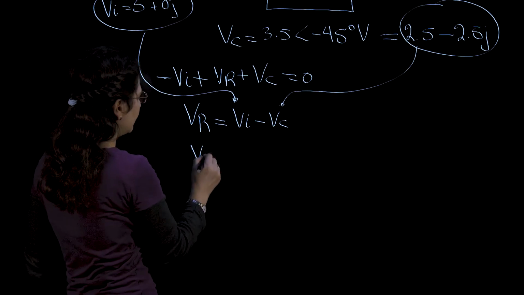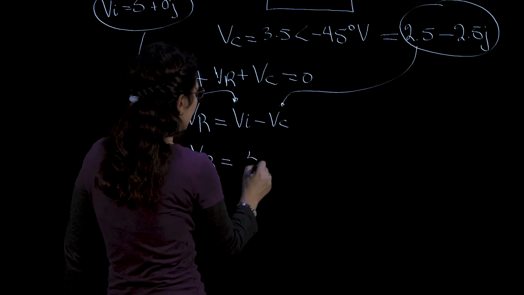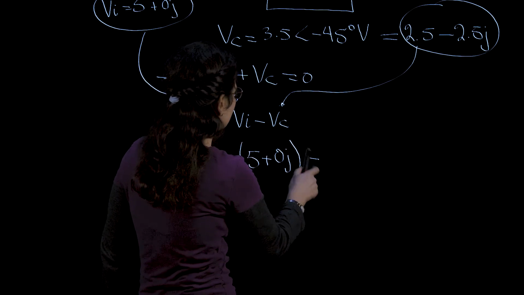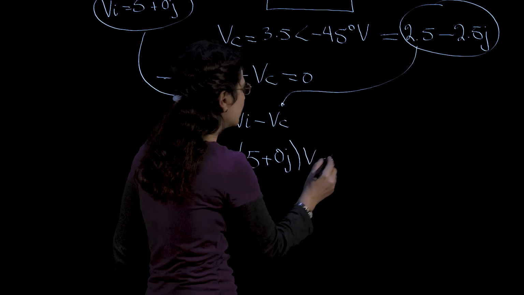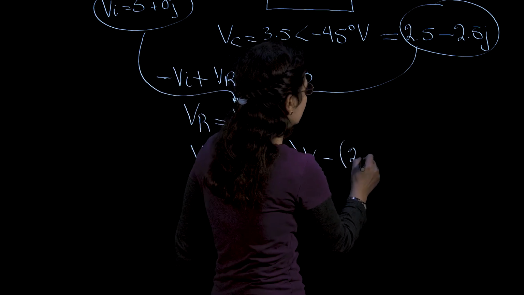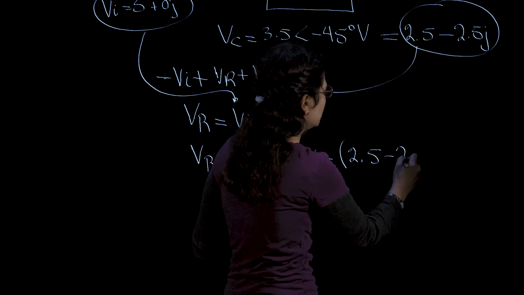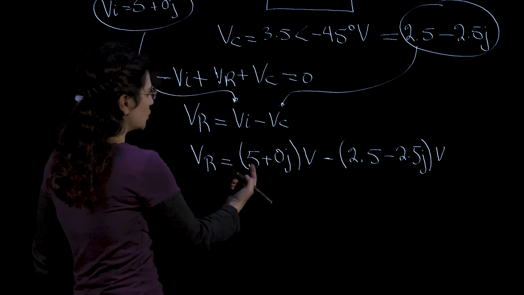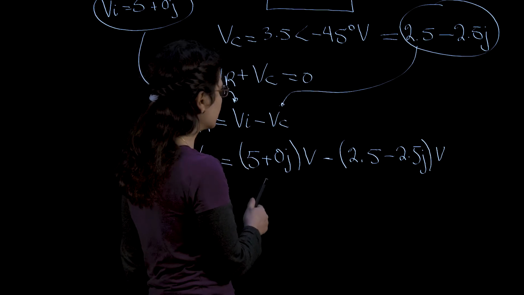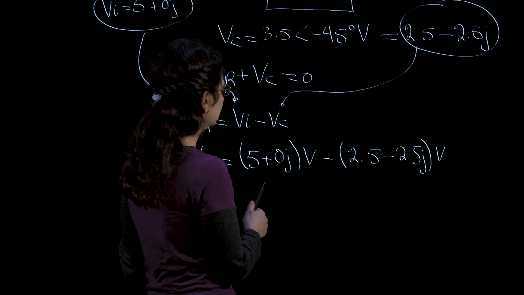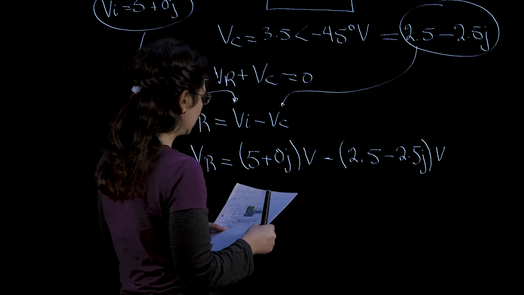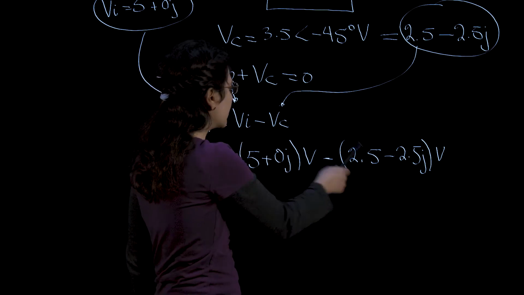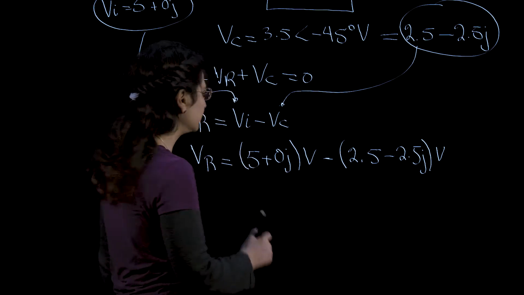And we can calculate then the voltage in the resistor, which is 5 plus 0j volts minus 2.5 minus 2.5j volts. So I add the real parts together and the imaginary parts together.